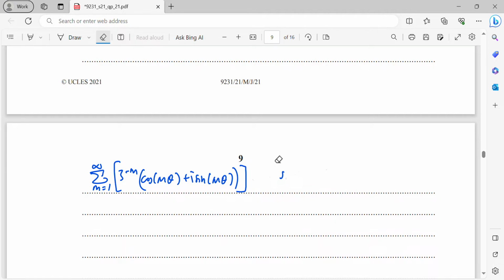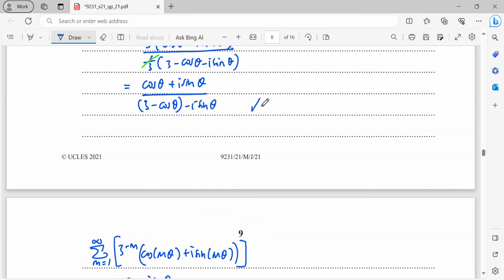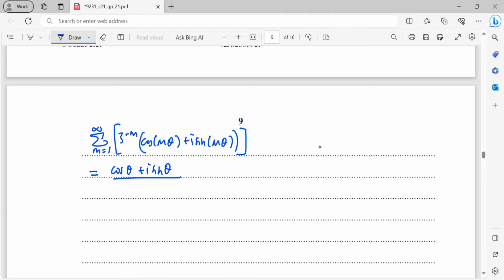Okay, I need more space. Equals cos theta plus I sine theta over, this one I copy from here, 3 minus cos theta minus I sine theta.